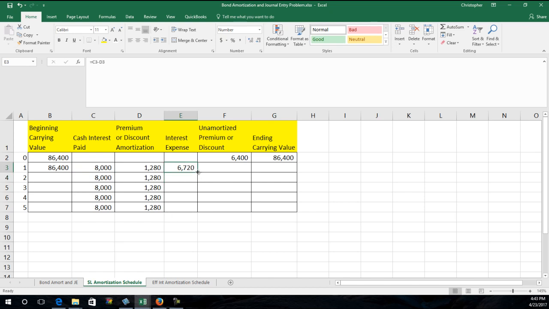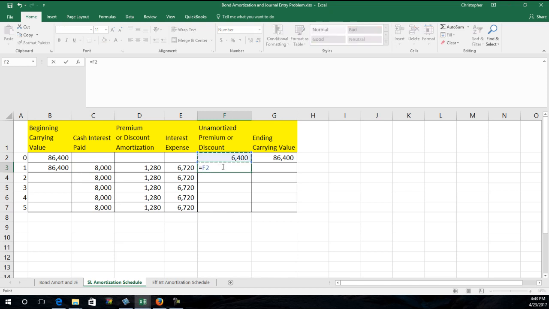But the interest expense is only going to be $6,720. So the cash interest paid would be a credit to cash. Interest expense is obviously going to be a debit. Premium starts off with a large credit balance, so to amortize it, to use it up over the years, we have to debit it. So we have two debits that have to equal this one credit. That's the easiest way to think of that.